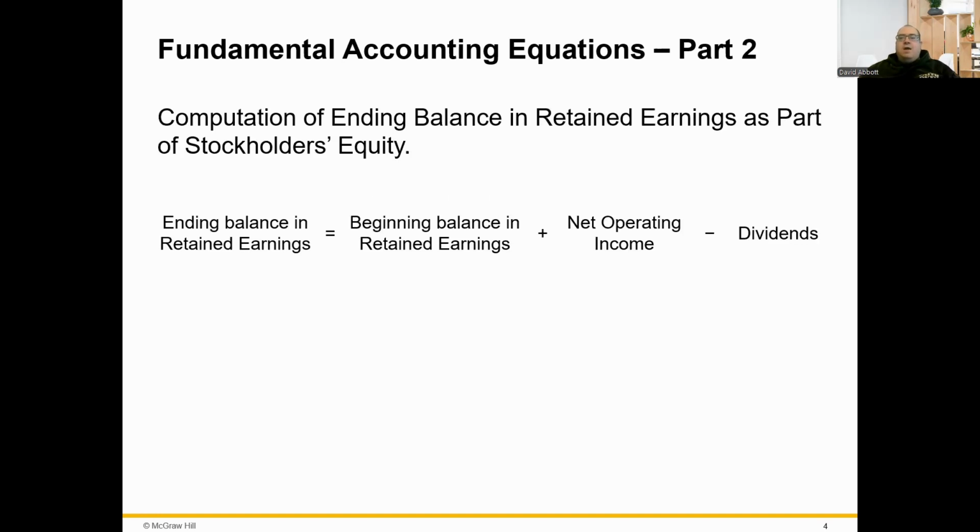And then how we would get our retained earnings portion of the stockholders' equity is our beginning balance of retained earnings plus our net operating income for the period minus any dividends that get paid out. That would be what our ending balance in retained earnings would be.